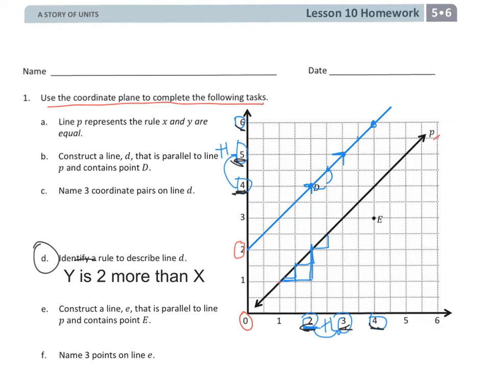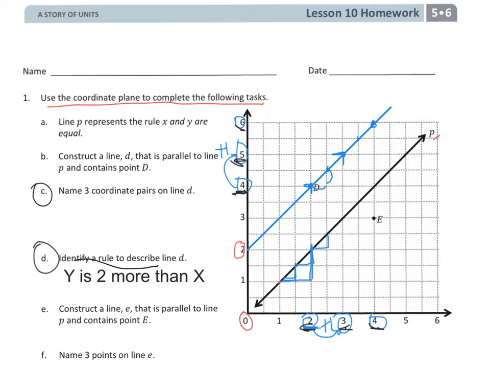The reason I went right to the rule instead of doing my 3 coordinate pairs on line D is that I need that rule to help me out. So whatever X is, Y is going to be 2 more.